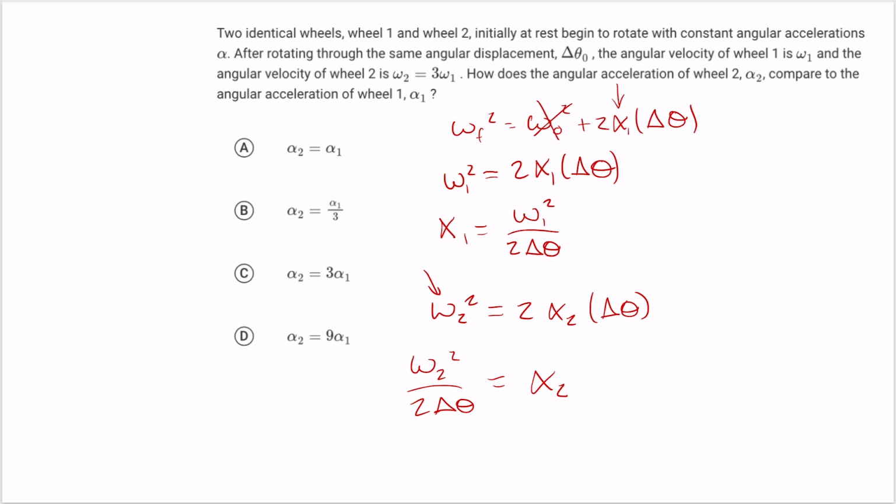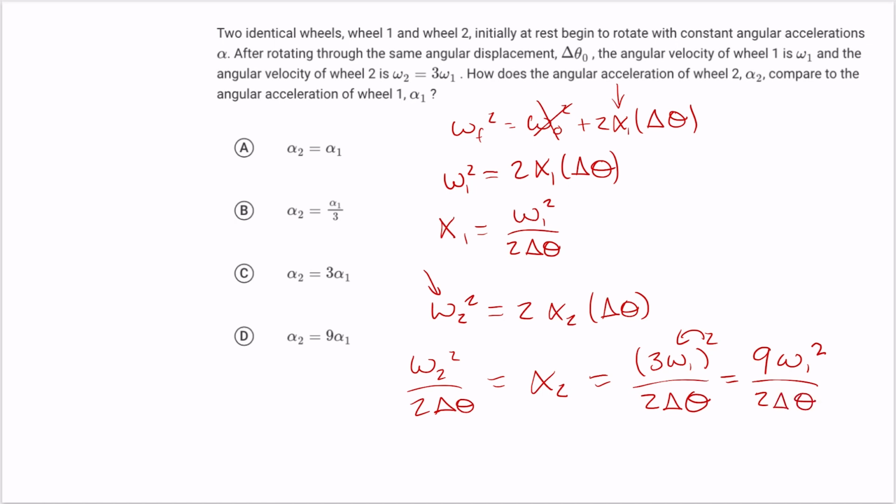Hopefully you can see that this is the same thing, but now instead of omega 2, I'm going to write the quantity 3 times omega 1, squared, over 2 delta theta. If I distribute this exponent, I'm left with 9 omega 1 squared over 2 delta theta.